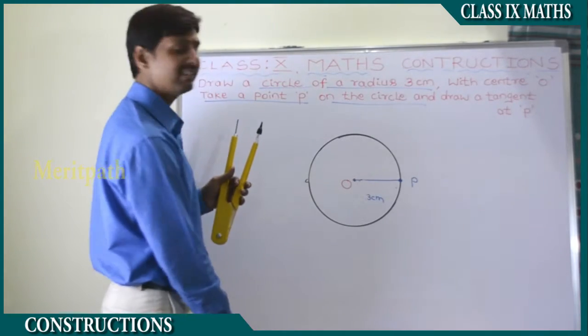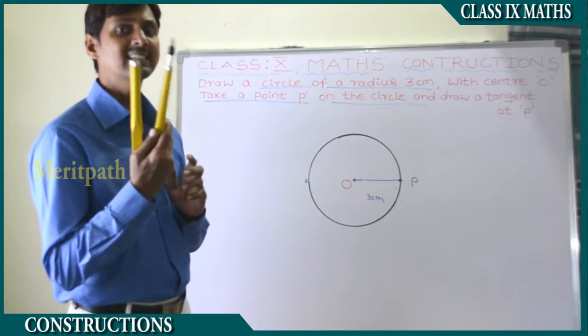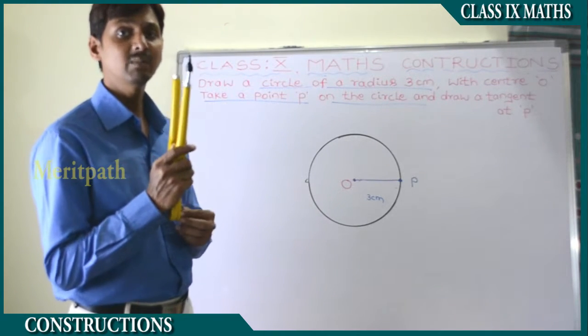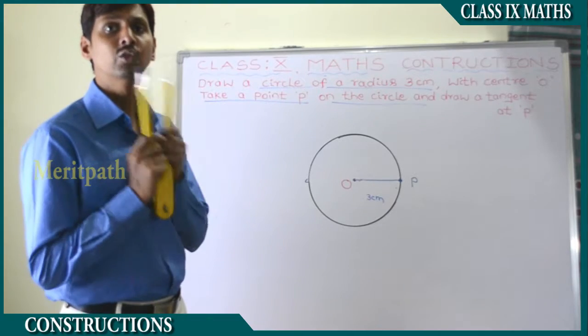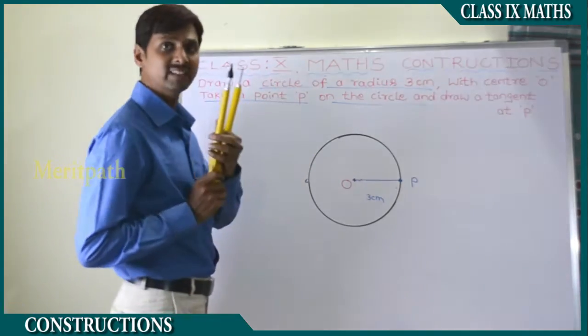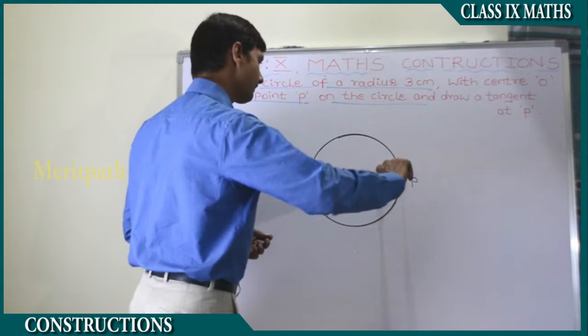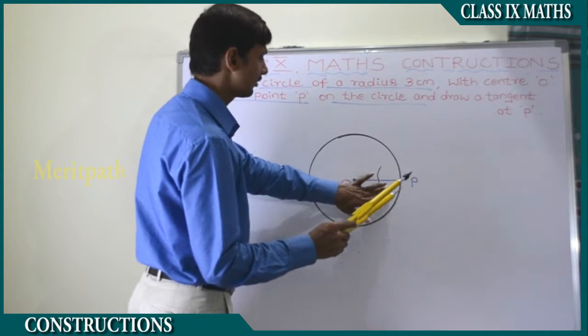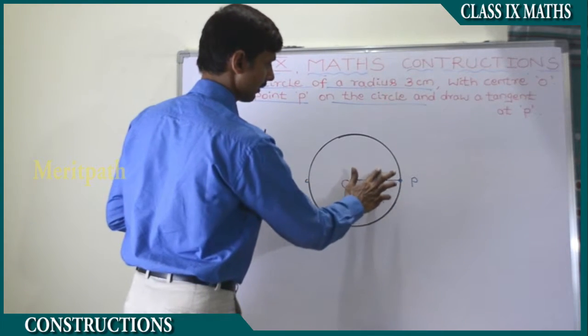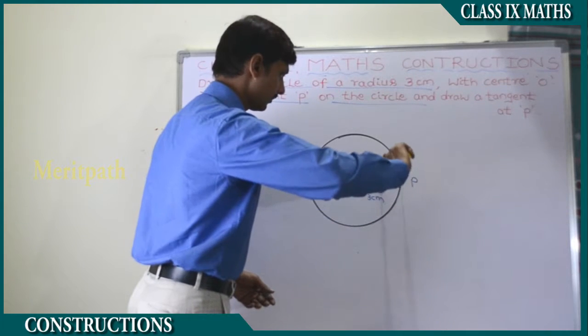Now we have taken 1 centimeter or 2 centimeters, anything we can take. Use some constant radius we have taken, and using the point P, make an arc. Let's draw again.